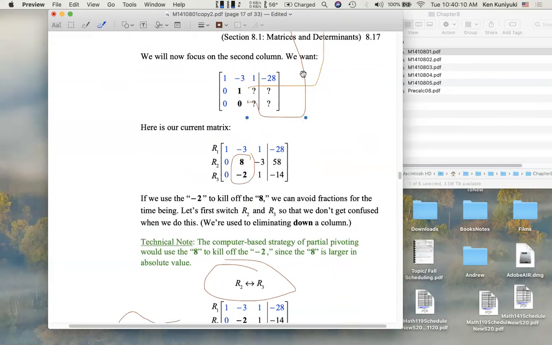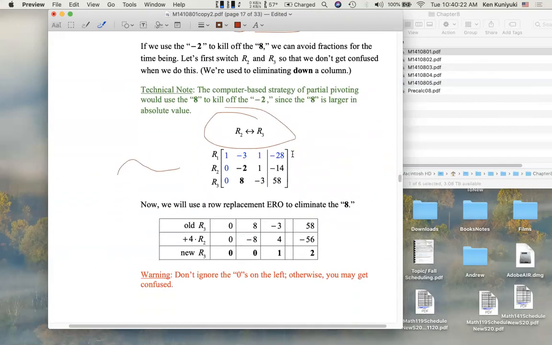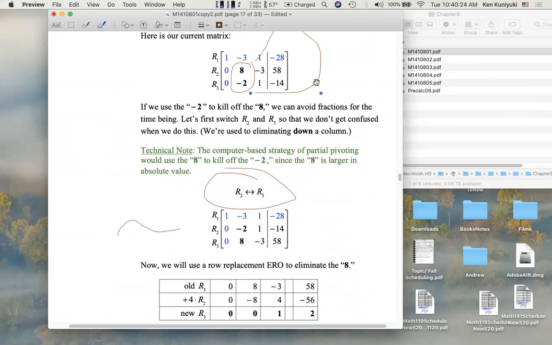So really, the strategy is now, I want the 8 to be the 1, the -2 to be the 0. But then we're going to switch. The old row 2 becomes the new row 3, and the old row 3 becomes the new row 2.